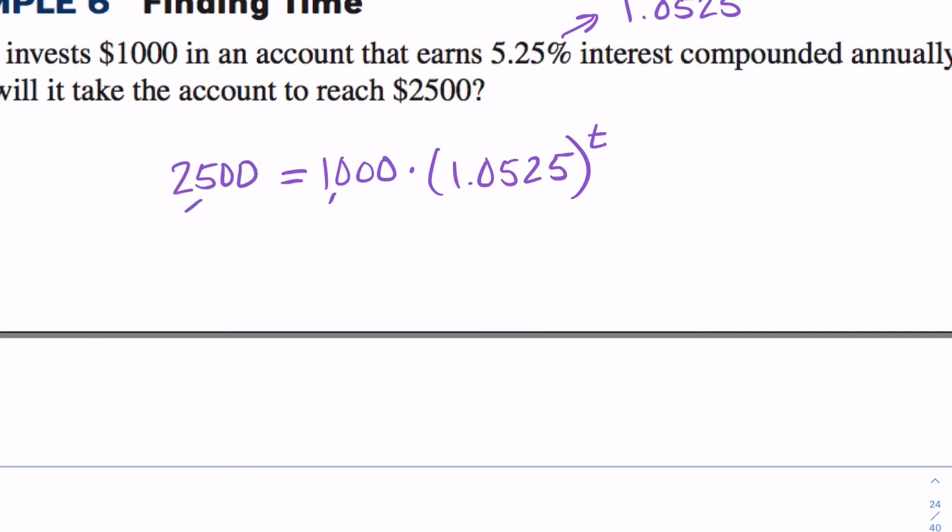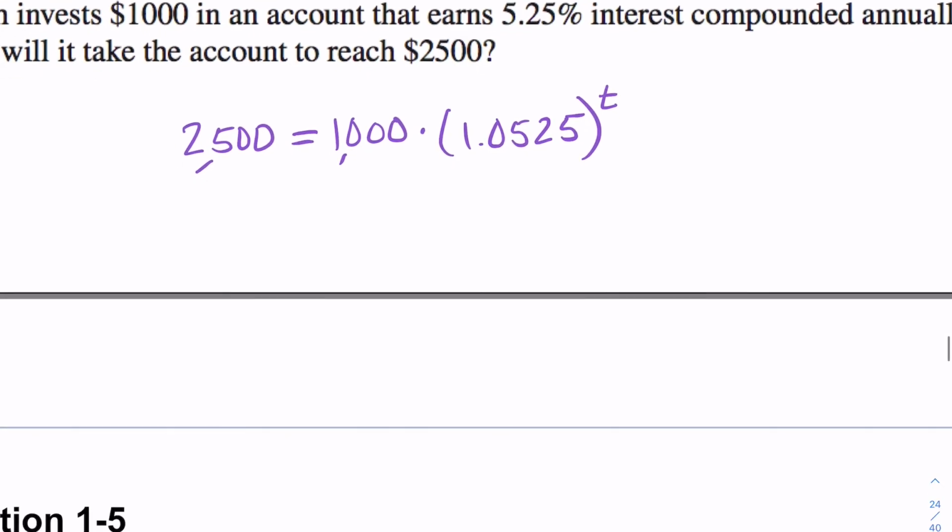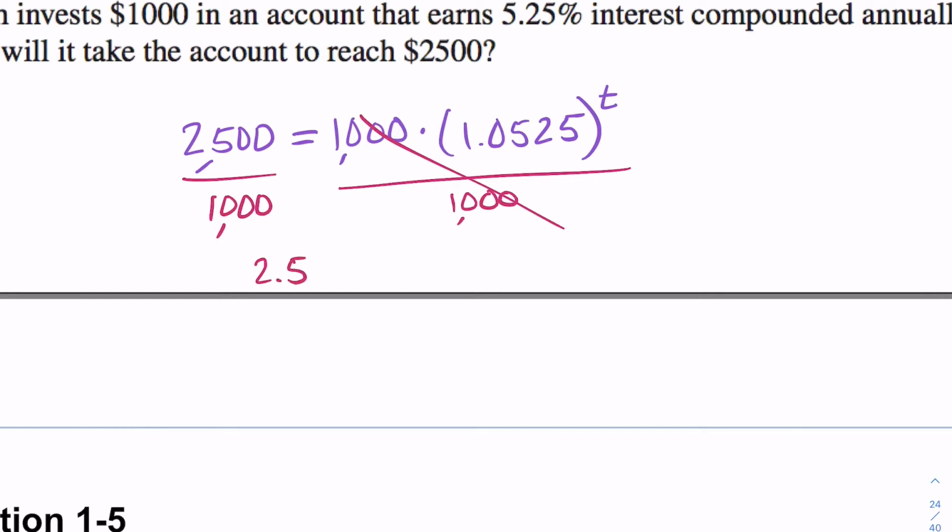So whatever the $1,000, what do I need to invest it for it to increase to 2.5 times what it is? The first thing I'm going to do is divide both sides by 1,000. And I get 2.5, because I want it to be 2.5 times what I had.